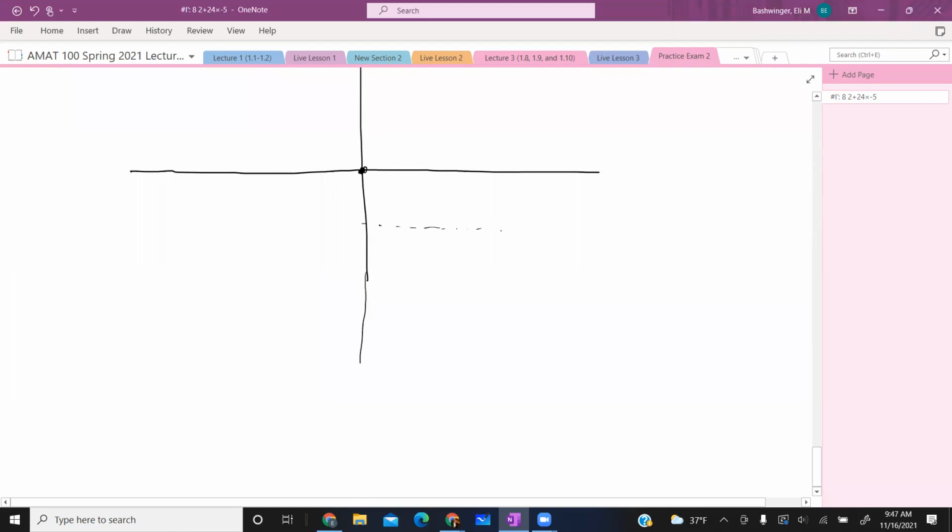So maybe it's like right here. So y is equal to -1/2 is the horizontal asymptote. And then we know it passes through here and it has to approach this asymptote.